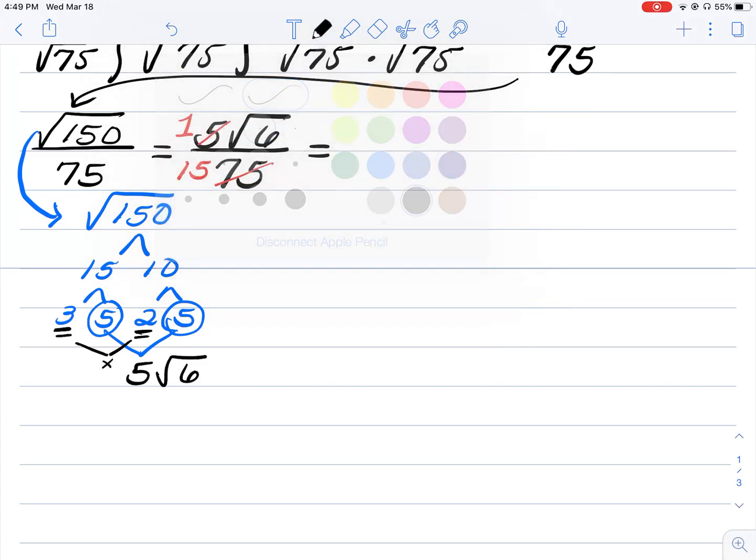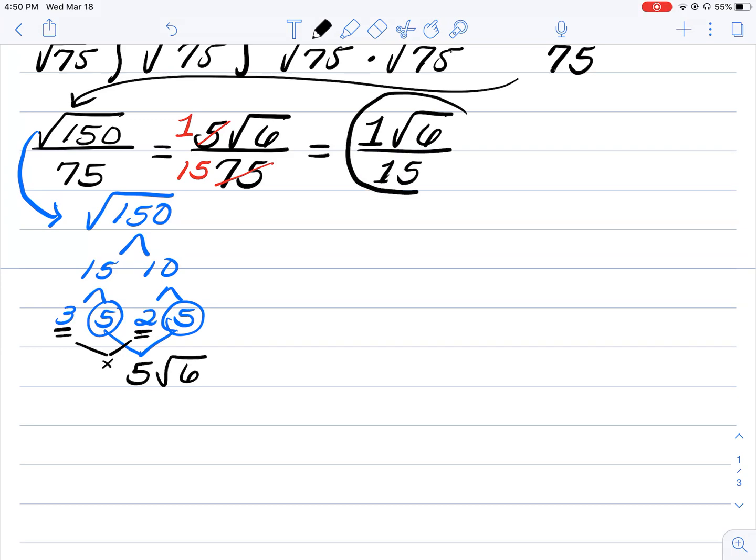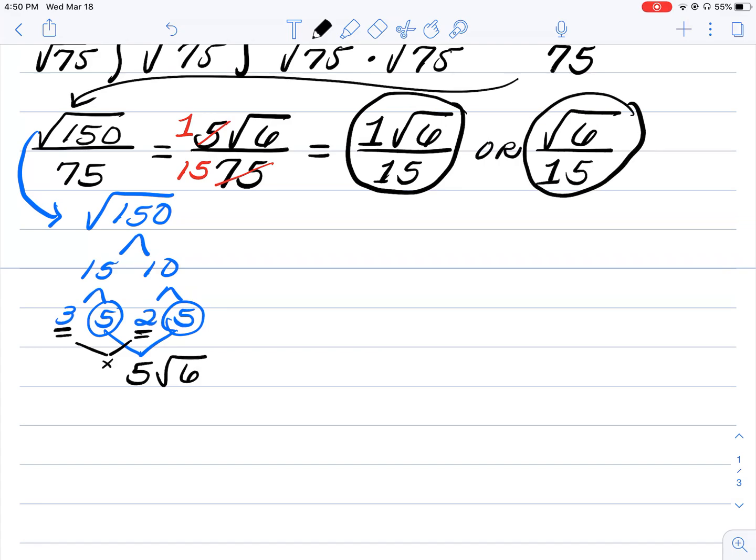So my full and final answer is 1 square root of 6 over 15, and that's it. Now, if you don't want to put the 1 in front of the radical, you don't have to. You can just write square root of 6 over 15, okay? And either one of these is the correct answer, all right?